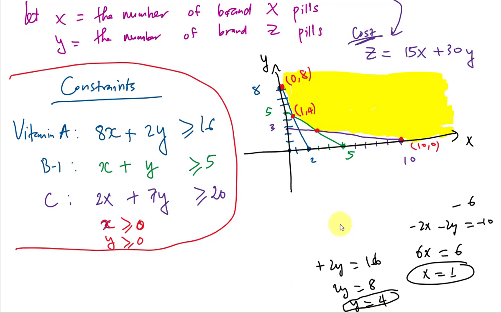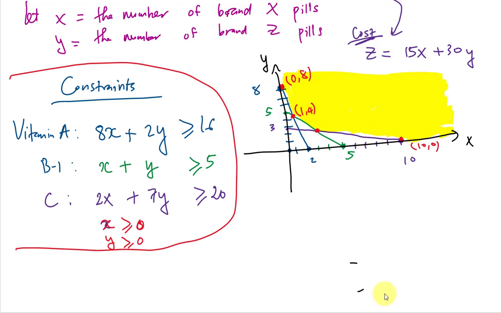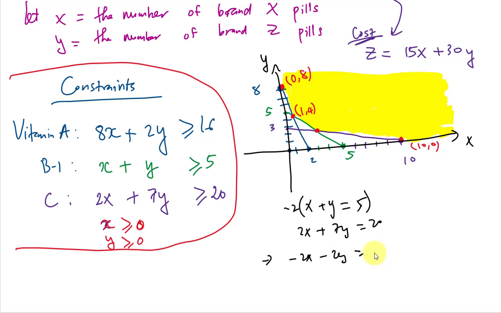And then finally, we need to look for the other point, the last one. We need to look for all the corner points. This one is the intersection between the green line, x plus y equals 5, and the purple one, 2x plus 7y equals 20. And then again, in this case, maybe I'm going to multiply both sides by -2. So I get -2x, -2y, -10, and then I keep the second equation the same. And why do I do that?